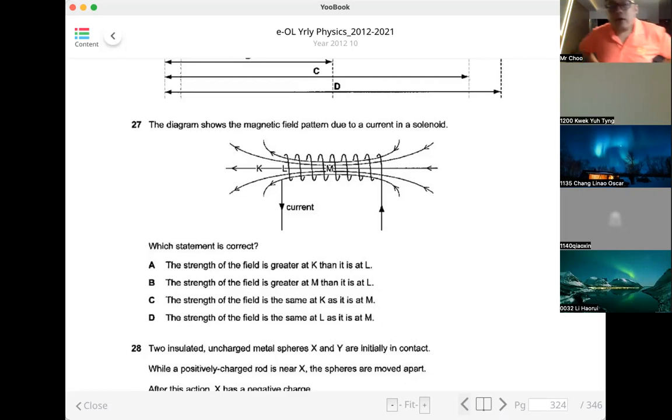Where the lines are closer, it is a stronger magnetic field. Where the lines are further apart, it is weaker. Bei Kwan, can you try again? Bei Kwan, you're stuck, is it?